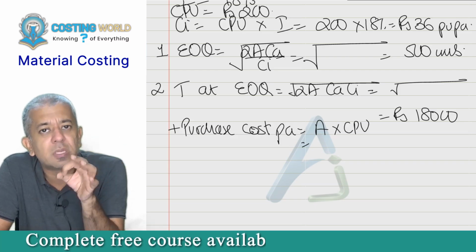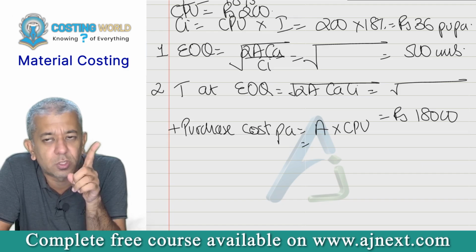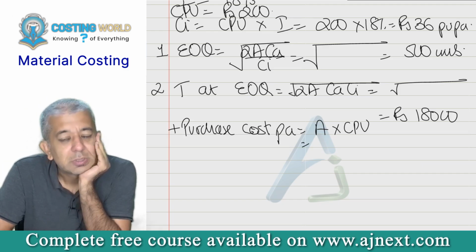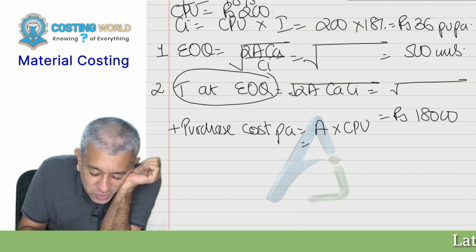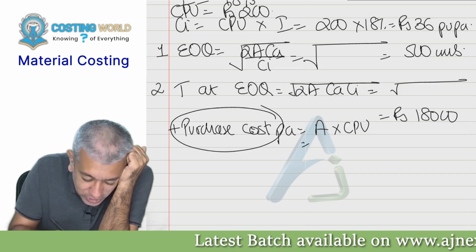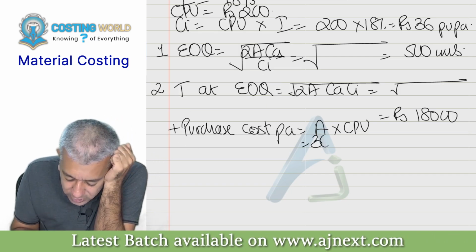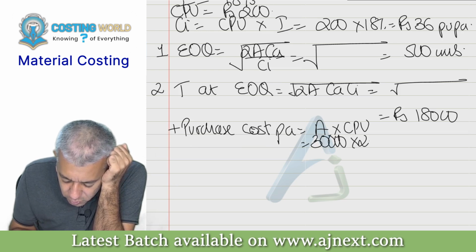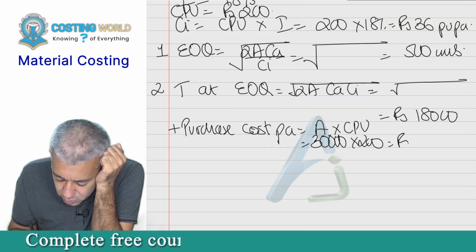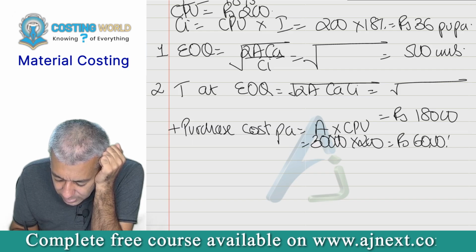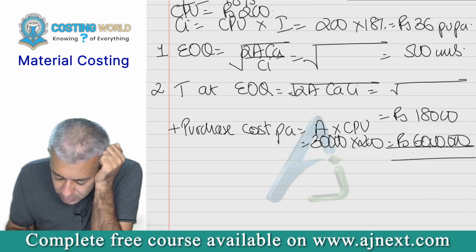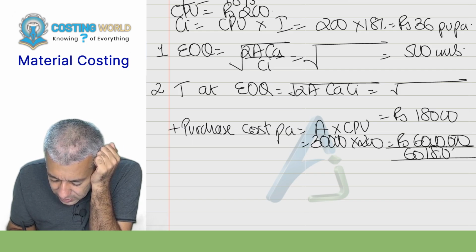Beta, Q into CPU will give you one time purchase cost. Beta, this is 1 year's T, so please add 1 year's purchase cost. So A into CPU, 30,000 into 200 is equal to rupees 60 lakhs. This is 60 lakh 18,000.